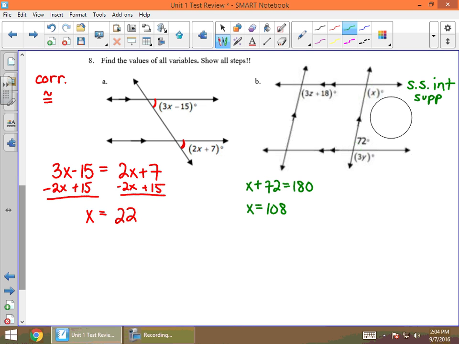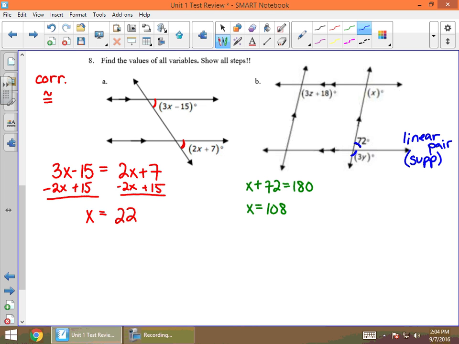All right. I'm going to find y now. So I'm going to use this 72 again, and I'm going to use this angle right here. It has y in it. Whether these are parallel lines or non-parallel lines, that really doesn't even matter. These are a linear pair. And a linear pair are supplementary. They're going to add up to 180.